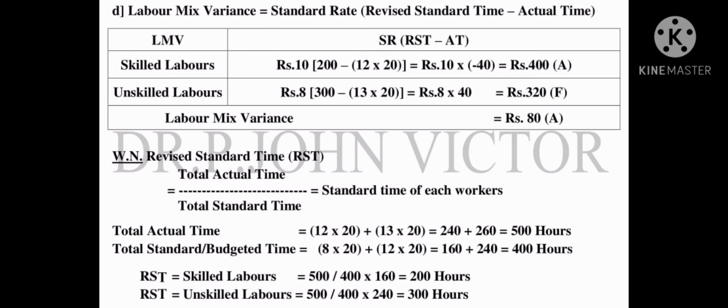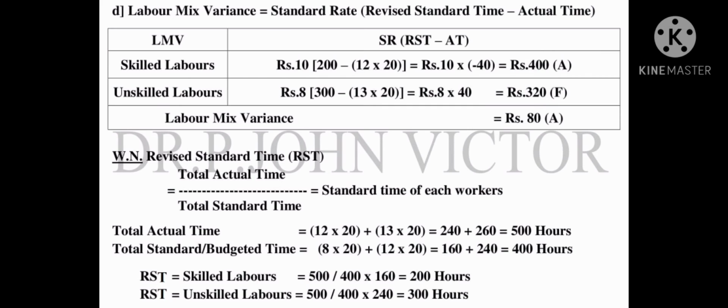The formula is total actual time divided by total standard time, multiplied with standard time of each worker. Take the total actual time, then divide with total standard time, then multiply by standard time of each worker.